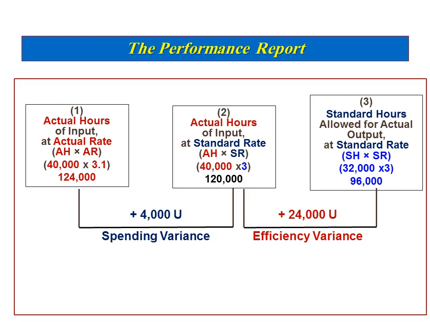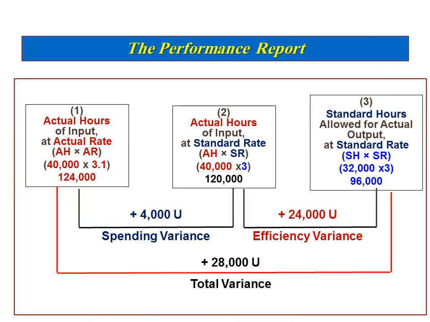Efficiency variance. Okay, spending and efficiency. Don't forget, the difference between 1 and 3 I mean, is the total variance. Here 124 minus 96 will equal positive 28.